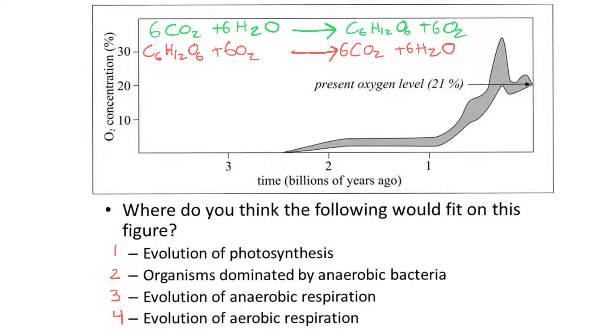So they can't survive in a high oxygen environment. So where in this timeline would you have organisms dominated by anaerobic bacteria? Before oxygen, right? So this whole area here is when most of the bacteria which covered the earth were anaerobic.